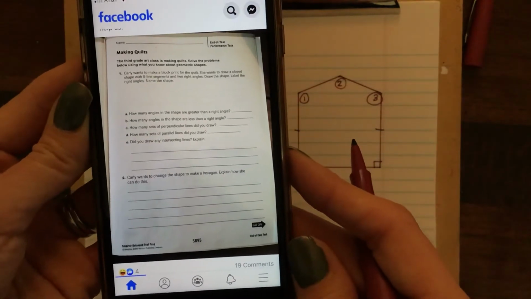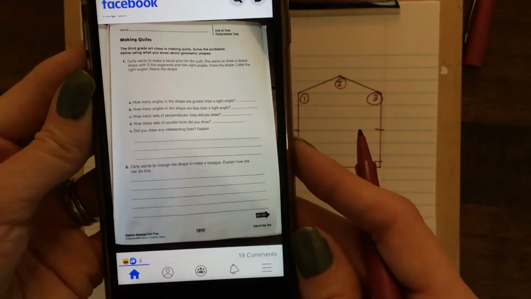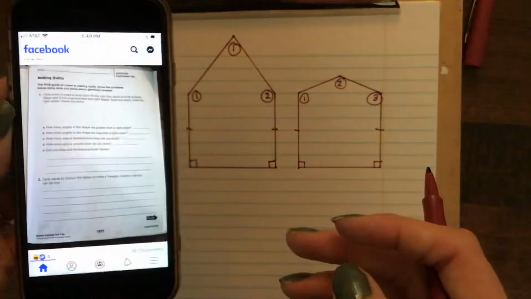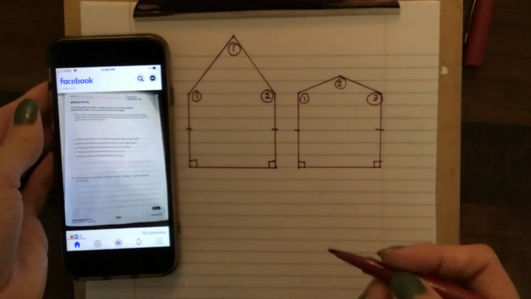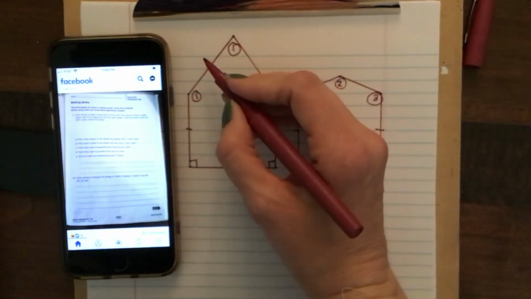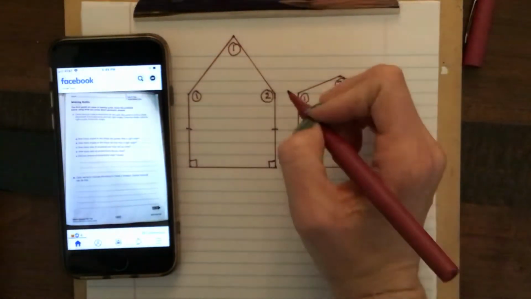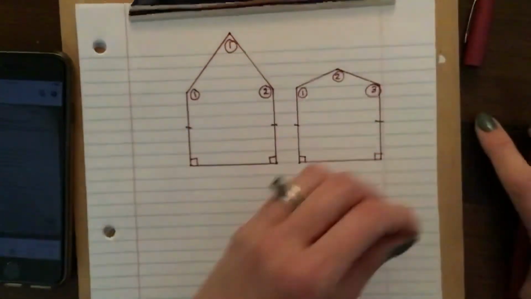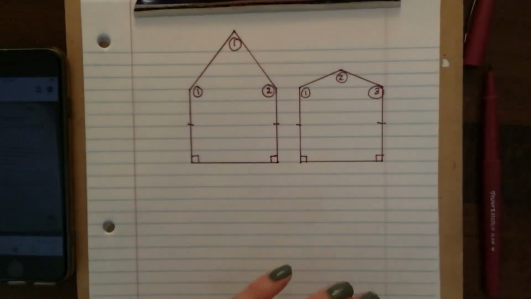Carly wants to change the shape to make a hexagon. Explain how she could do this. Well, it doesn't say it has to be a regular hexagon. So you can choose any line segment around this pentagon. I'll do it in a different color here. You can add a point.